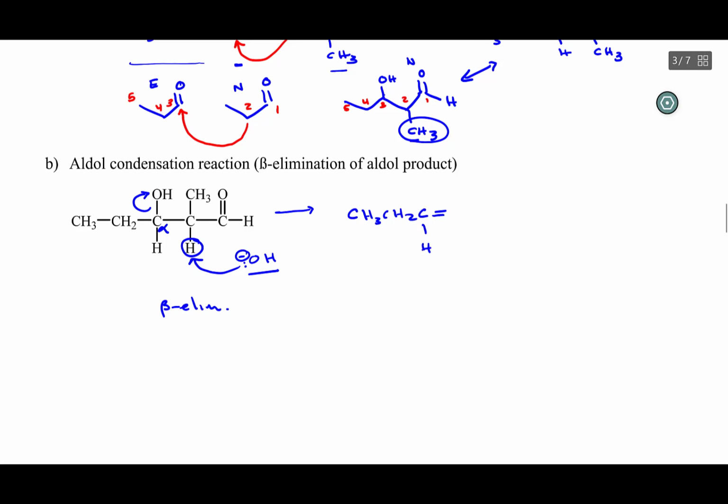I'll just draw it on the bottom. And then I have C, and then CH3, and then C double bond O and H. So that's that product. So this is called an aldol condensation.